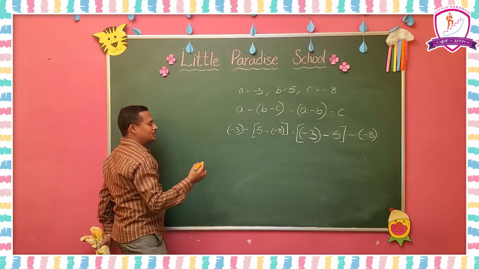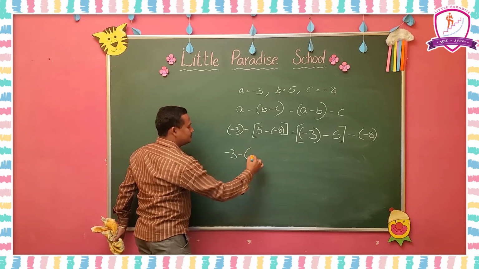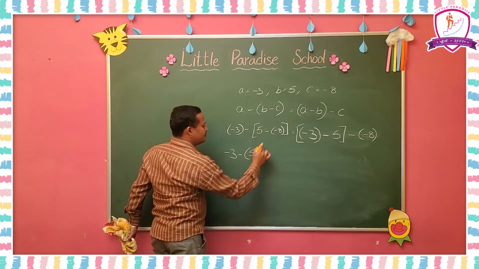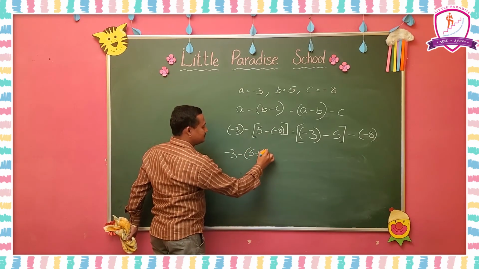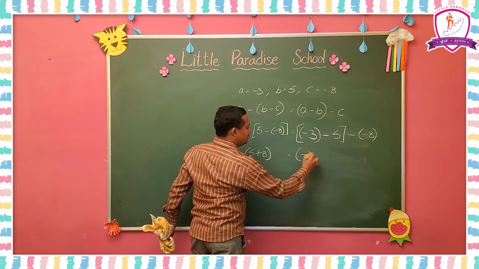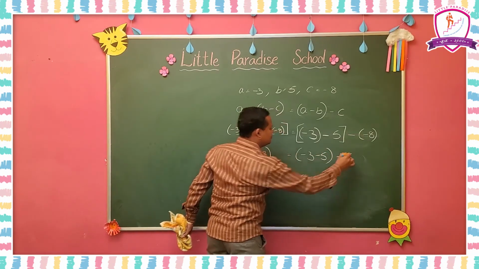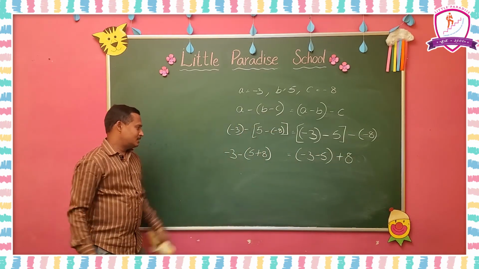So, here we are going to remove the brackets. Minus 3 minus 5 minus of minus means plus 8. Again we have to remove these brackets.